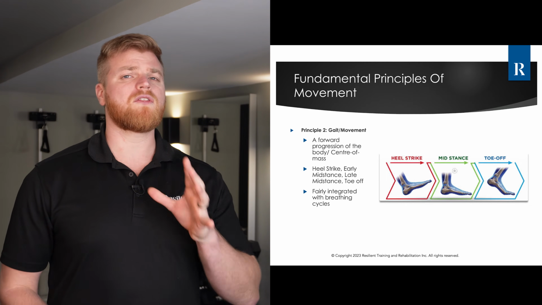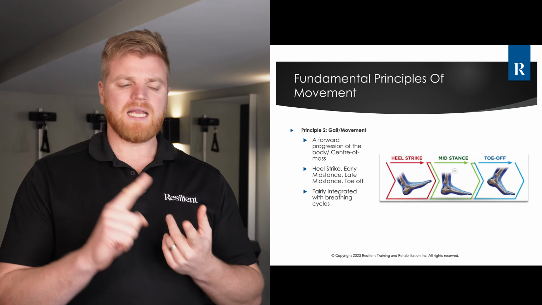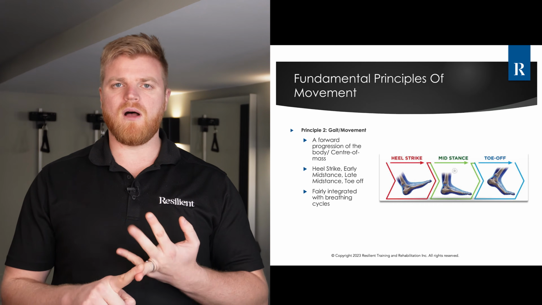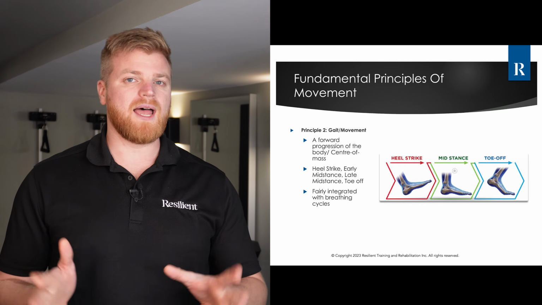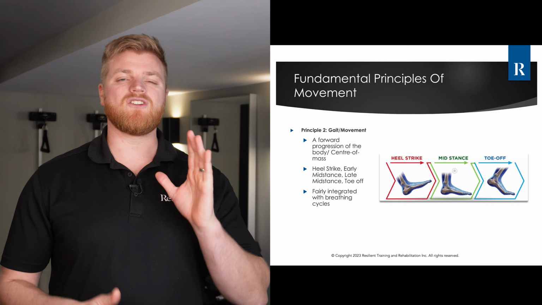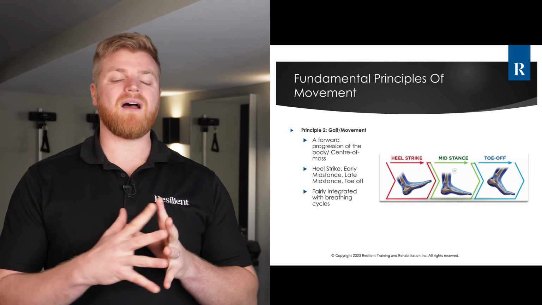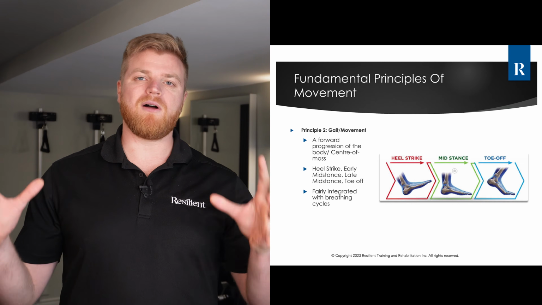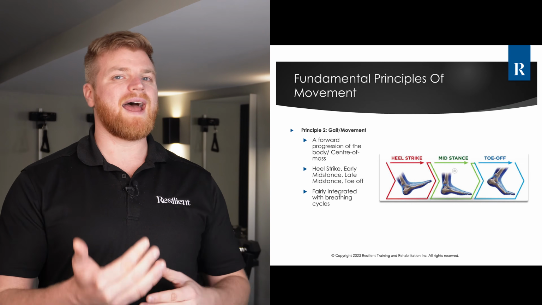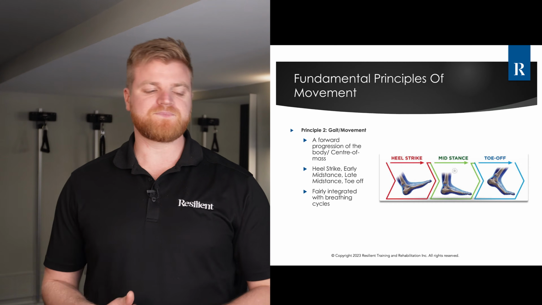Because when I go through the 3 different phases of gait, heel strike, mid stance, and toe off, although I would divide, and we will be dividing mid stance into 2 different phases, early mid stance and late mid stance, because it is the longest part of gait and they have different effects on the hip.